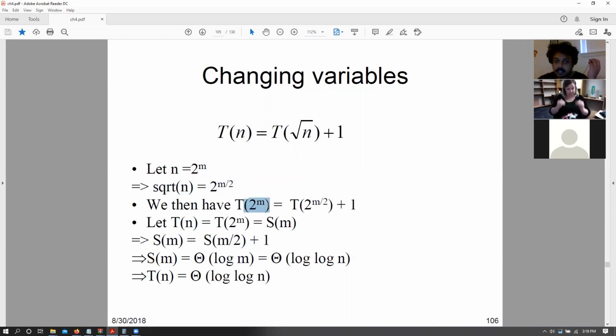We have T(2^m) = T(2^(m/2)) + 1. T(2^m) we consider as S(m). Now, if we consider that as S(m), we can say S(m) = S(m/2) + 1. Now, in this case, what condition applies?